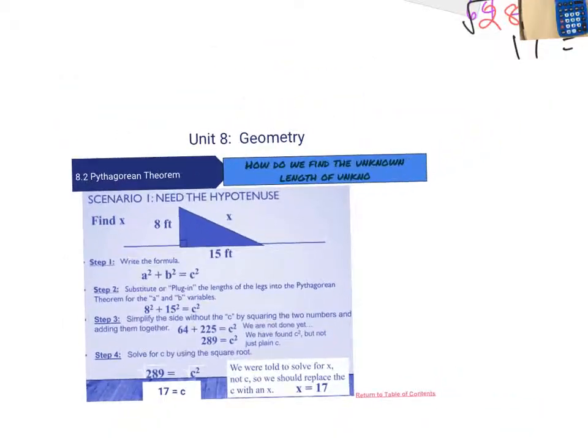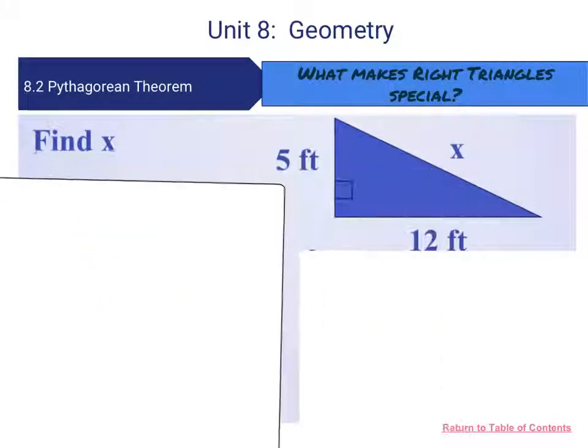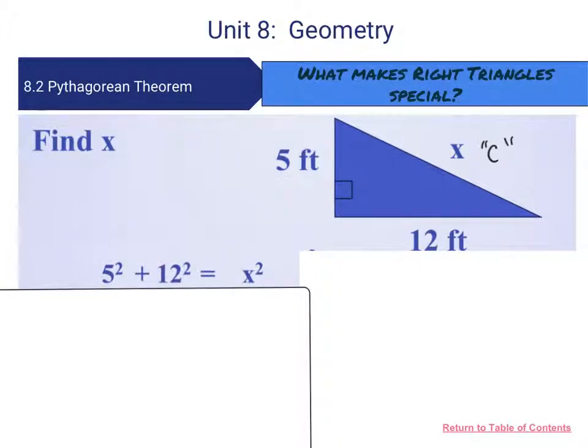So if I was to give you guys this example here, in this case, I know that they're asking me for A, B, or C. So I know that X is the C. So I look at it and I go, oh, it's a right triangle. Right triangles use the Pythagorean Theorem, and the Pythagorean Theorem is A squared plus B squared equals C squared.